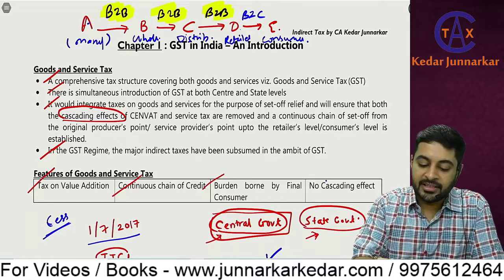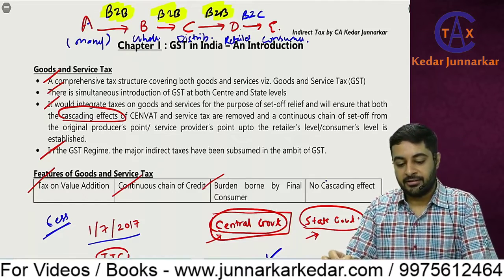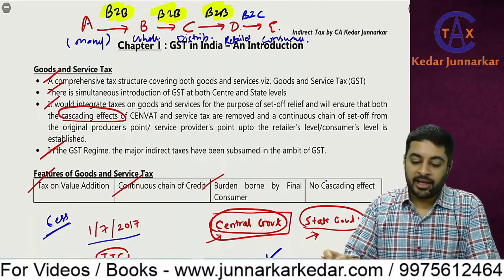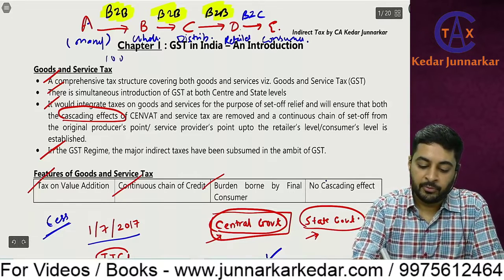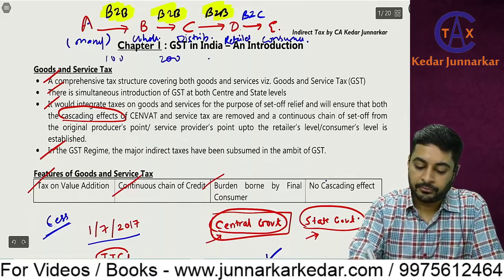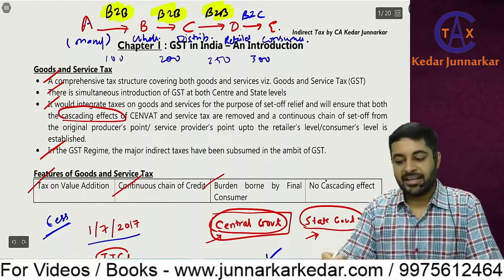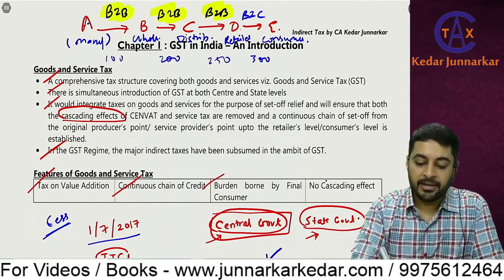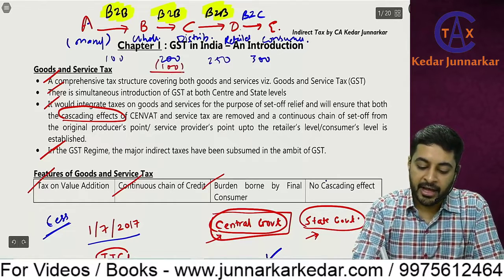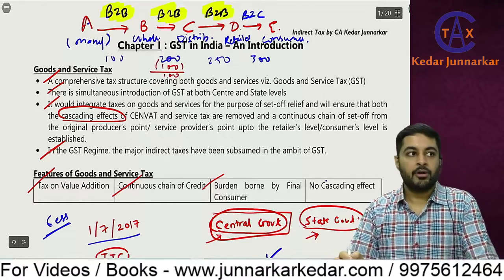So see, B, C, D are getting the input tax credit. Let's say tax charged by A to B is 100, then 200, 250 and 300 is the tax charged. Now A is not having any input tax credit, but B will get input tax credit of 100 and B will pay only 100 to government.